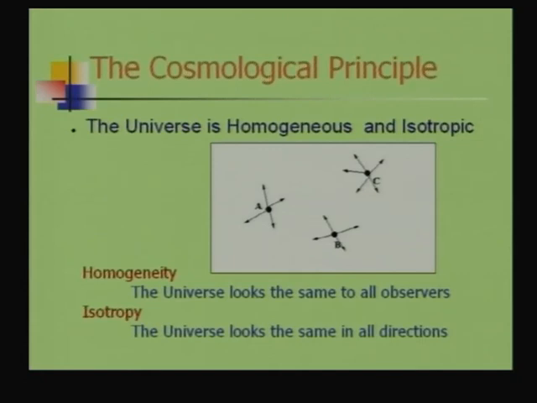Now very interestingly, at roughly the same time in the early 20th century, Einstein had proposed his now famous general theory of relativity. The general theory of relativity is the theory of gravity, and it basically says that gravity is a geometrical effect. It affects the geometry of space-time, and through the change in the geometry of space-time the motion of objects gets changed.